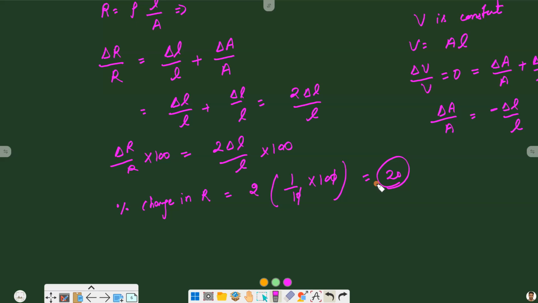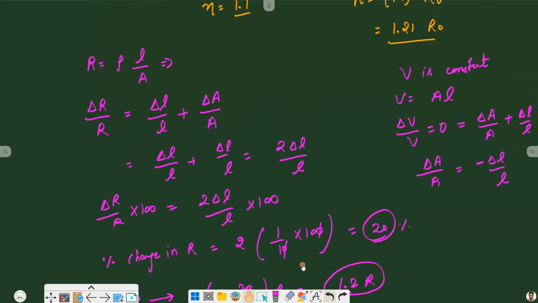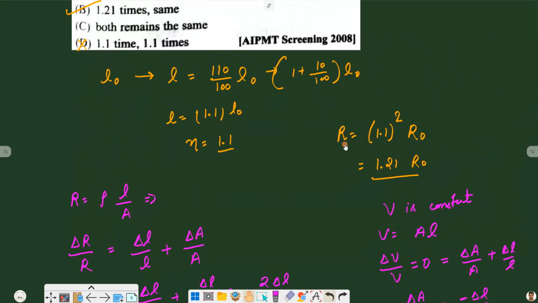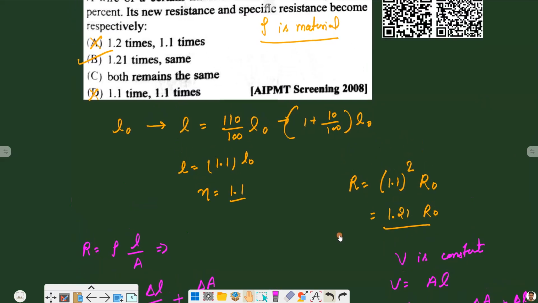So there will be 20% change in R. So if initially it was R, now it will become 1 plus 20 by 100 of R, or we can say 1.2 times R. And that was our answer as compared to our previous method. So there will be a slight change.